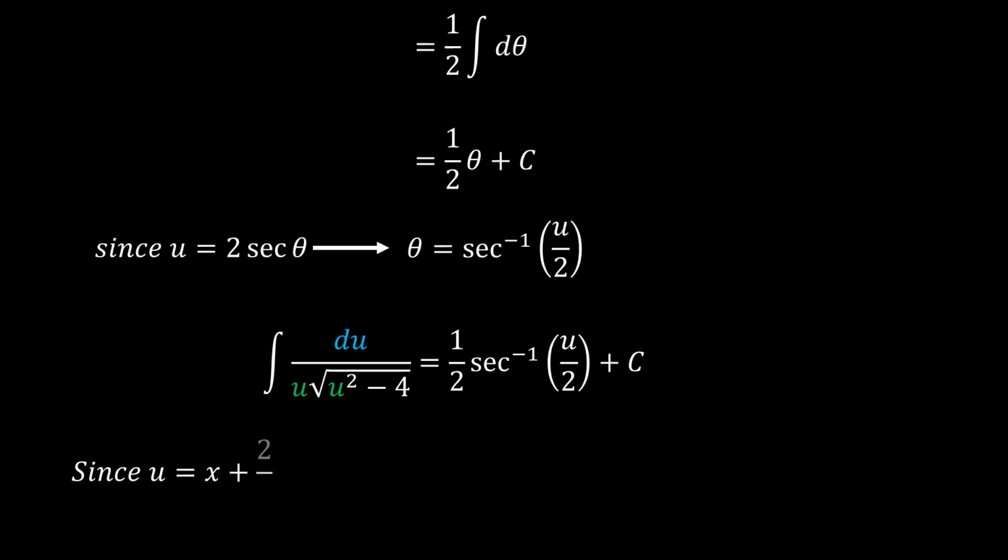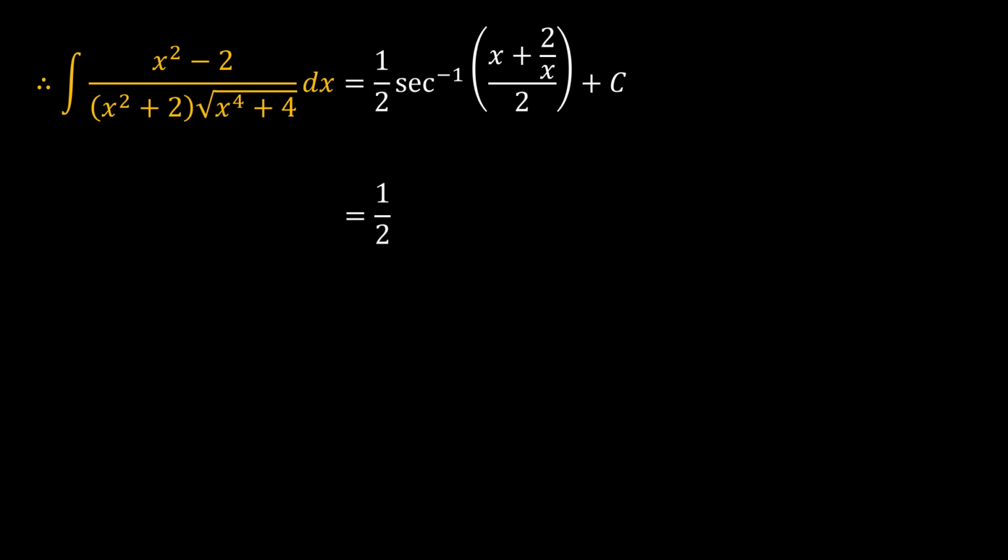But initially, we had also set u to be equal to x plus 2 over x, and that means that our final integral is half arcsecant of (x plus 2 over x) over 2 plus integration constant c. Reorganizing everything, we see that our integral is half arcsecant of (x squared plus 2) over 2x plus the integration constant c. And that was the final answer.